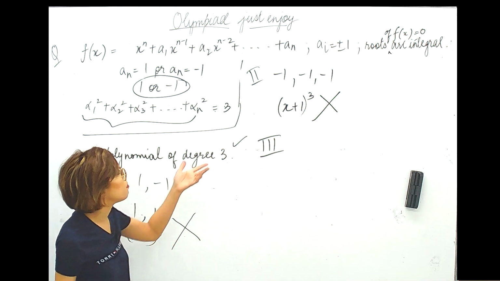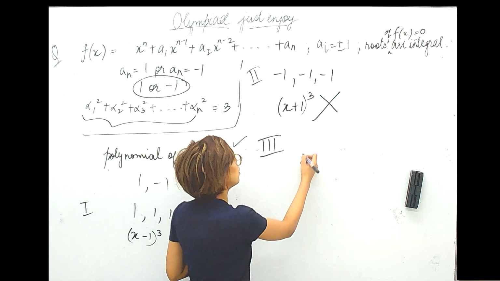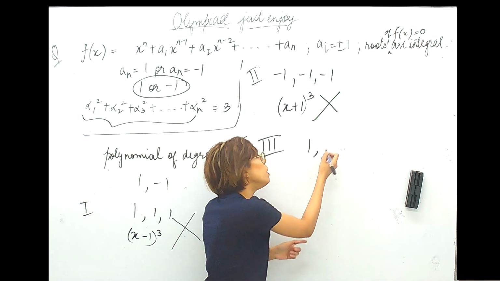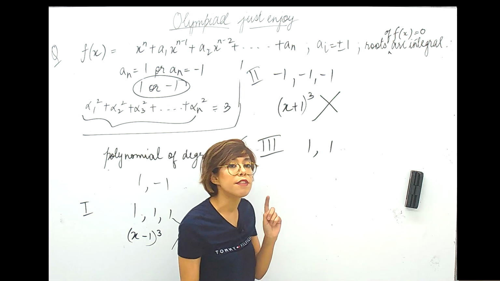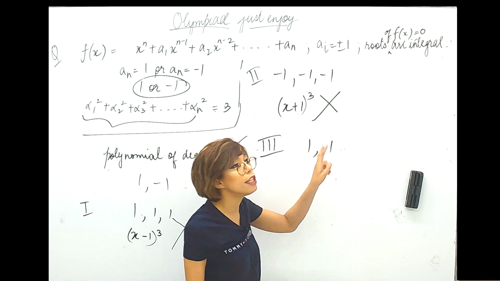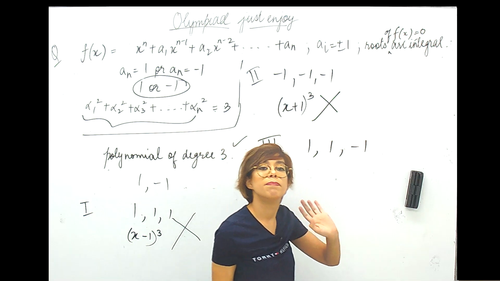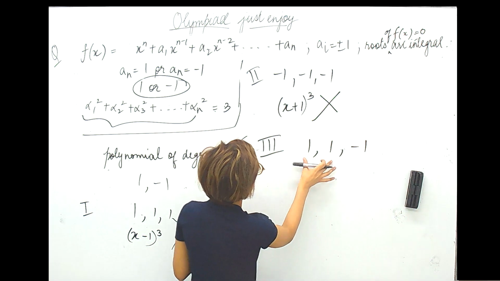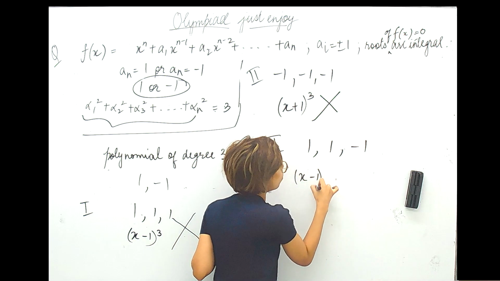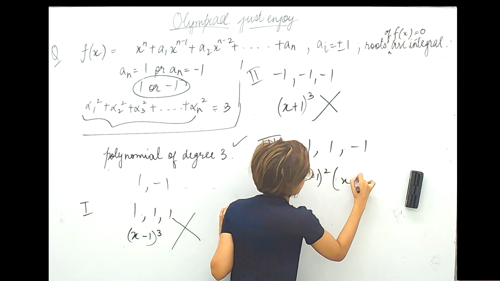Until now I was taking multiplicity 3, right? So now I take 1 with multiplicity 2. So I have the zero 1 with multiplicity 2 and -1 with multiplicity 1. Now this will become x minus 1 whole square into x plus 1.